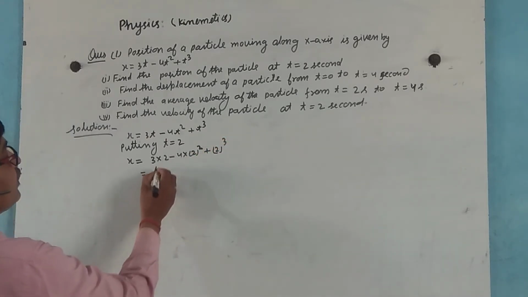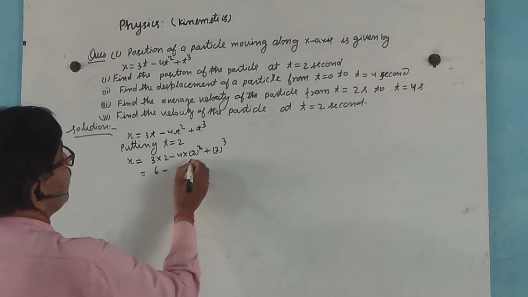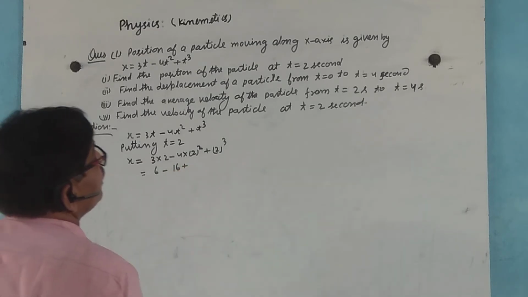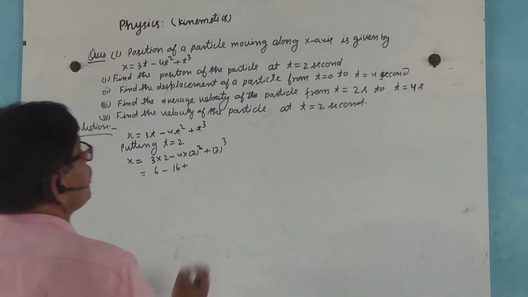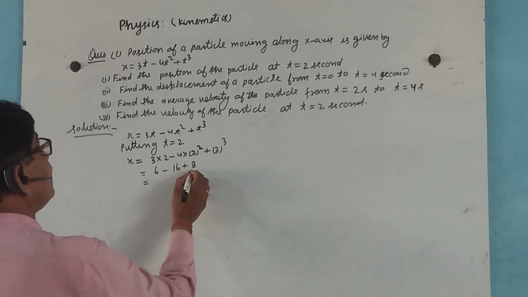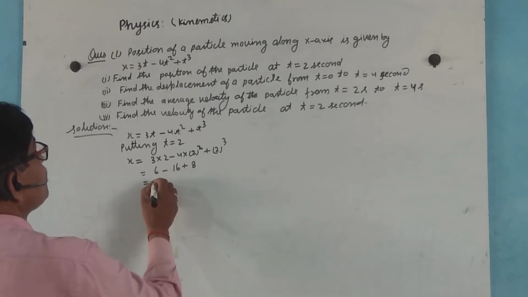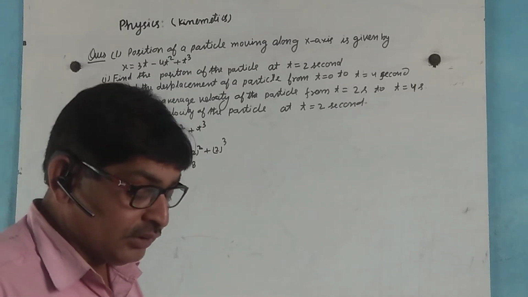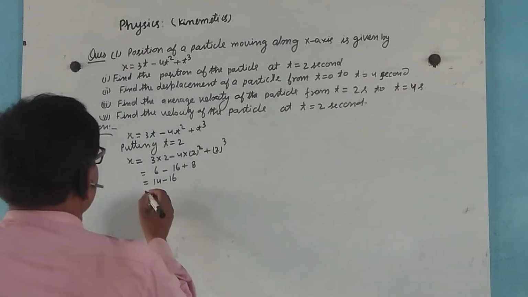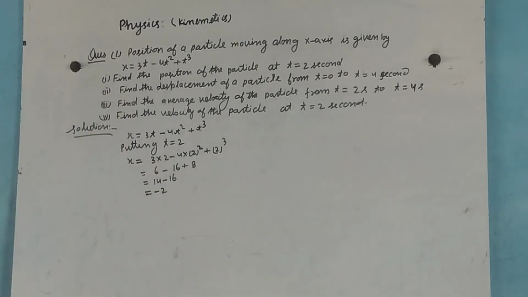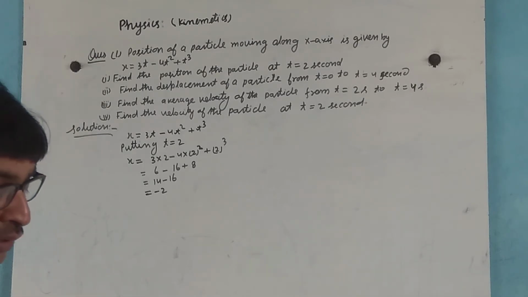Here 3 twos are 6, and 2 twos are 4, 4 fours are 16, and 2 twos are 4, 4 twos are 8. So 8 and 6 is 14, minus 16, so this is equal to minus 2. The position of the particle at t equal to 2 seconds will be minus 2.